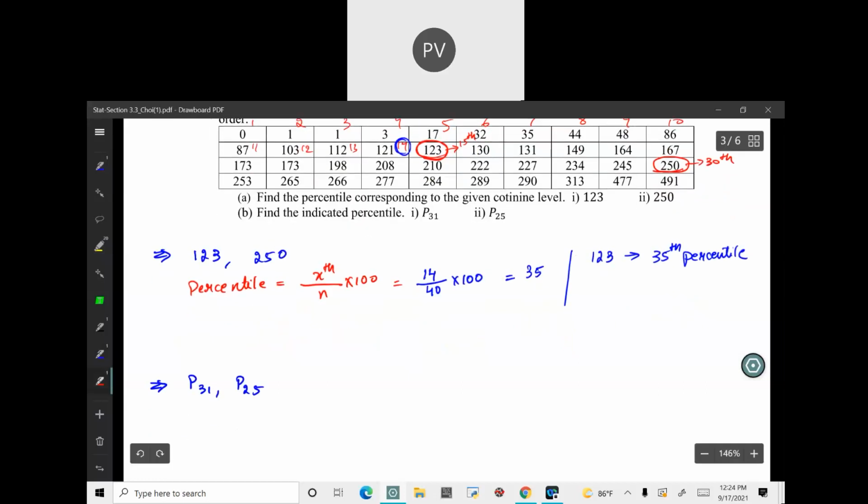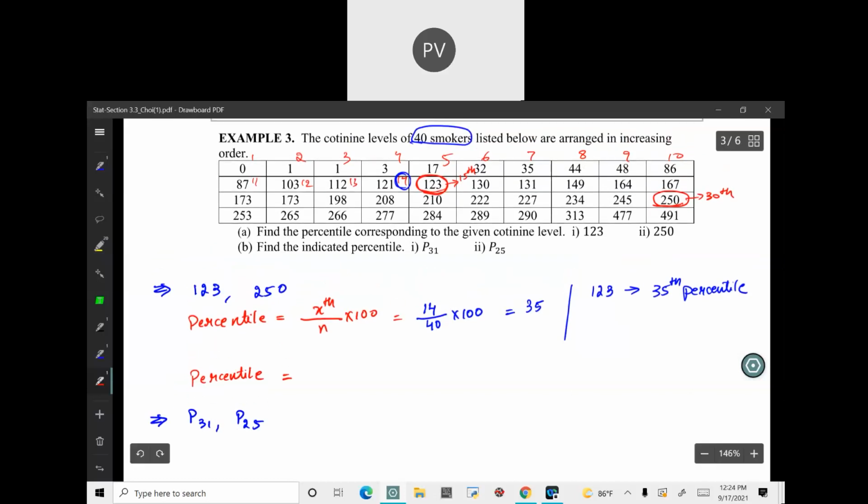Now, likewise, calculate for 250. Percentile equal to, what would be the position for 250? 29, because the actual position is 30, but you have to take less than that. So it would be 29, right? So 29 divided by the number of samples.